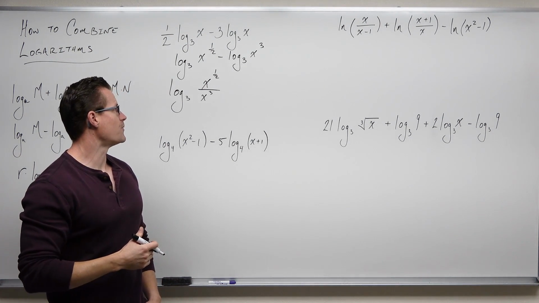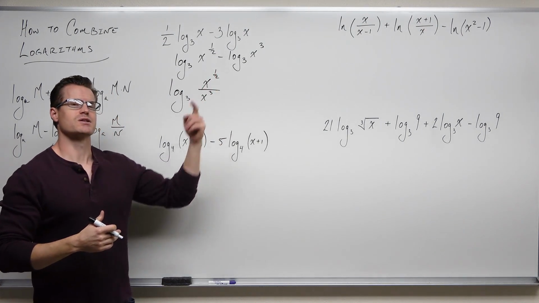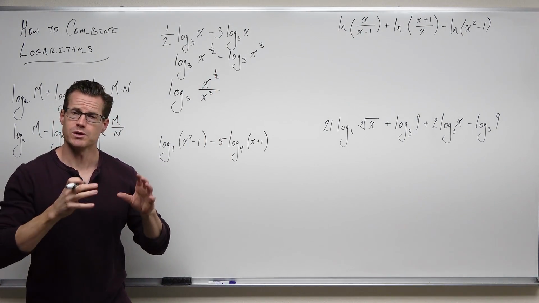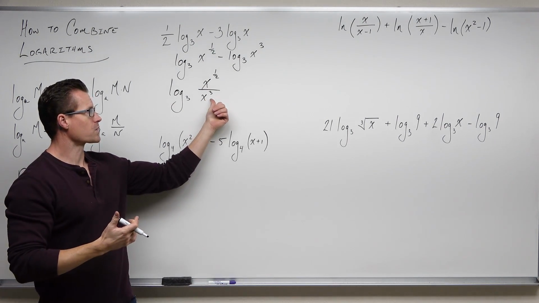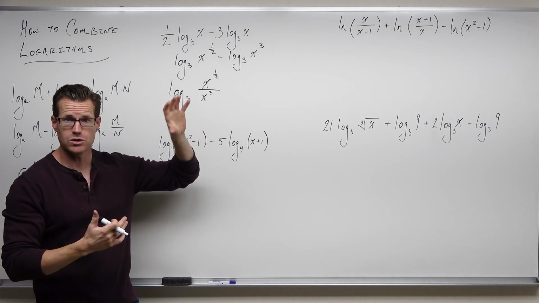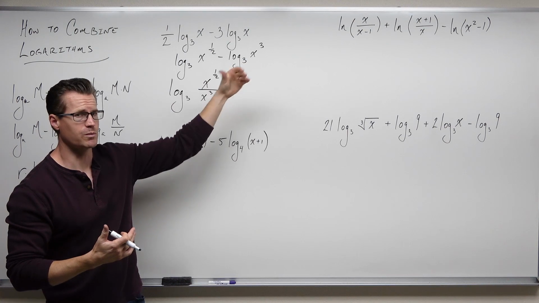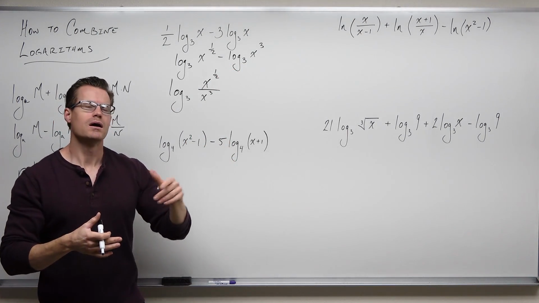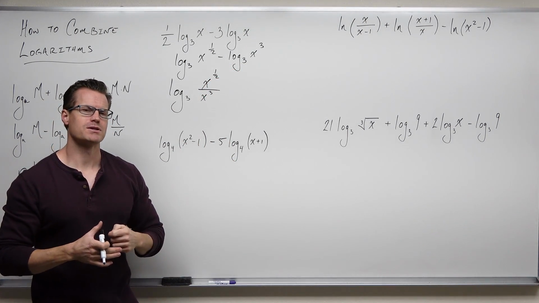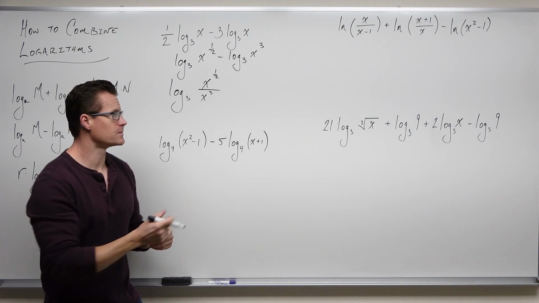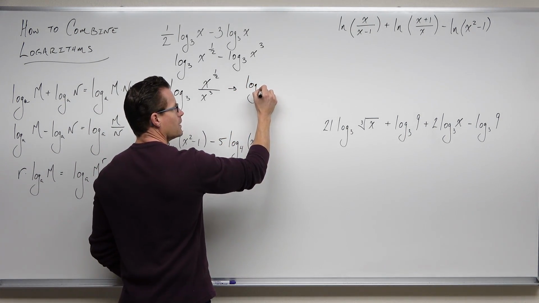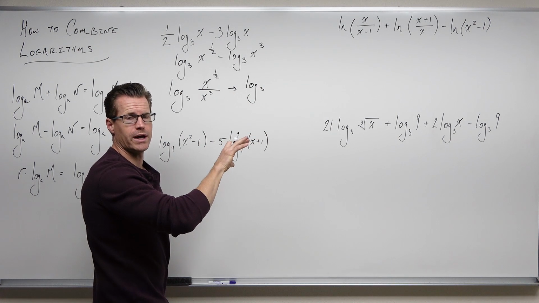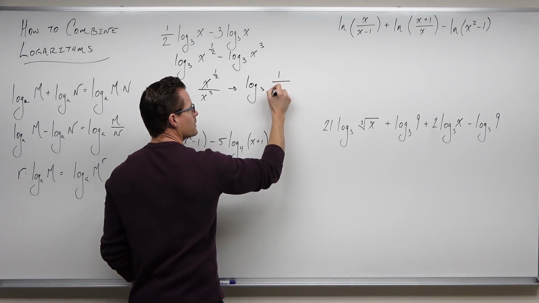So when we simplify, when we have common bases being divided, you're going to get this most often when you have subtraction of two logarithms, you need to simplify. So 3 minus 1/2. Now you can do 1/2 minus 3, get a negative exponent, move back down to the denominator, that's fine. But 3 minus 1/2 is going to be 2.5 or 5/2. So we're going to get 1 over x to the 5/2.